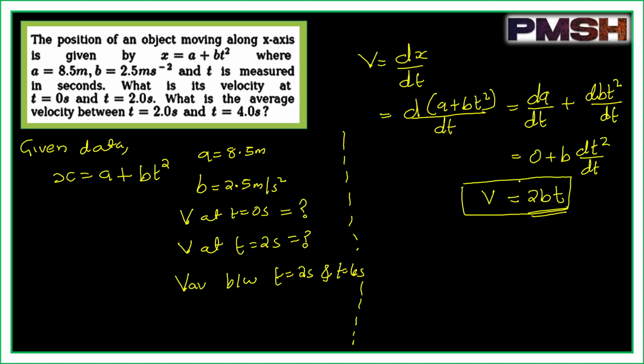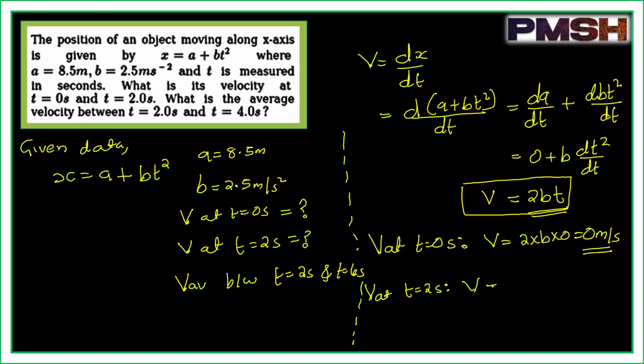Now you want to find velocity at t is equal to 0 seconds. So v at t is equal to 0 seconds. So v will be 2 times b times 0. So the answer is going to be 0 meter per second. So velocity at 0 seconds or initial velocity is 0 meter per second. Now we want to find velocity at t is equal to 2 second.